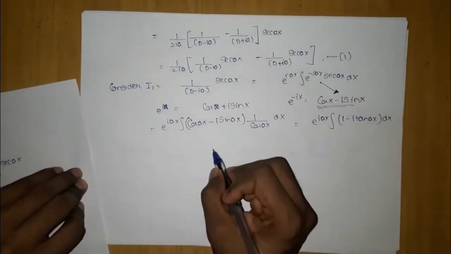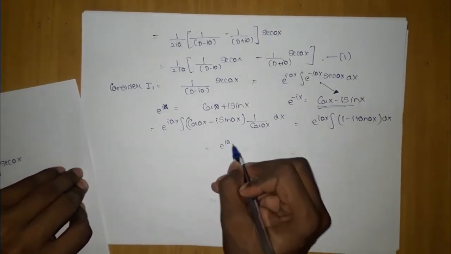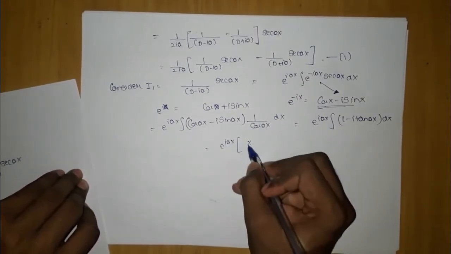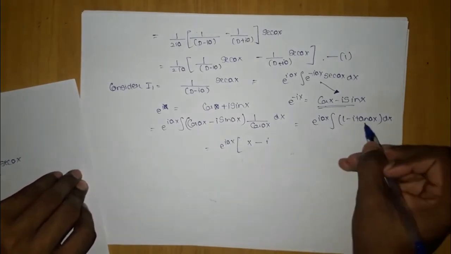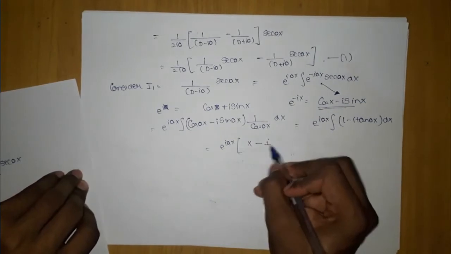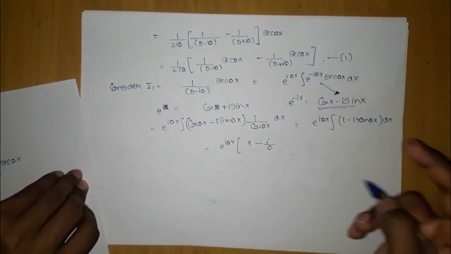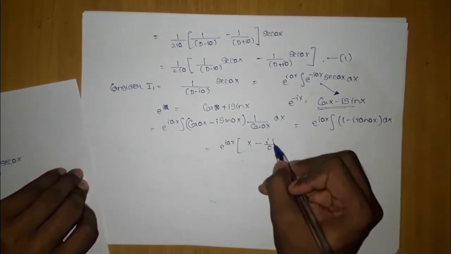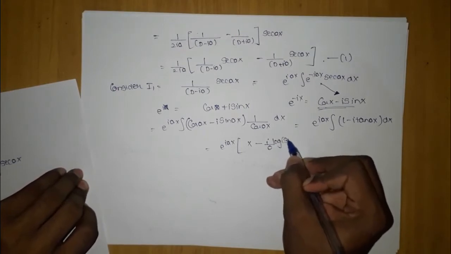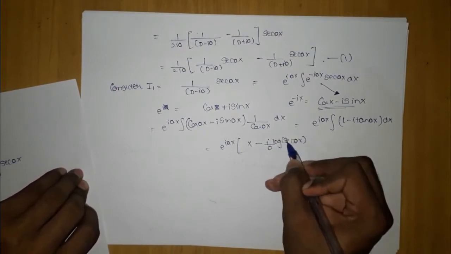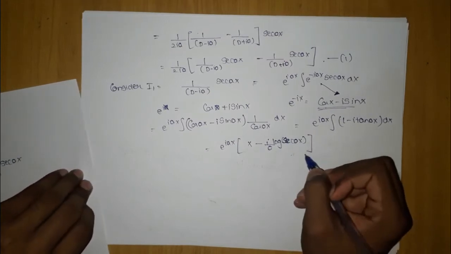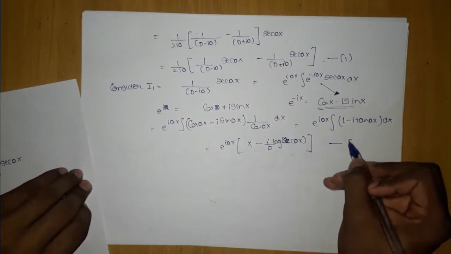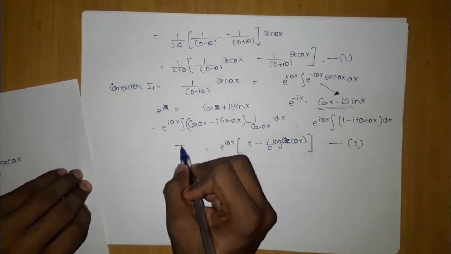Now if you integrate, you will get e to the power iax into x minus i, which will be as it is, here it is tan ax, so 1 by a will appear. It is not tan x, it is tan ax, so log sec ax will be there, right? After doing this, you will write this as your I1.